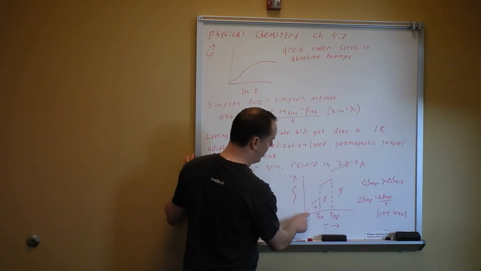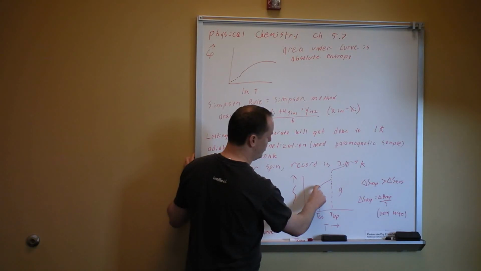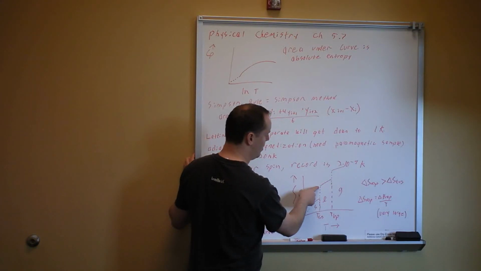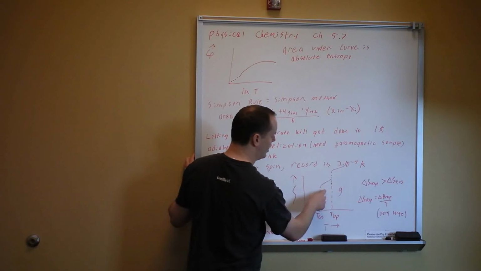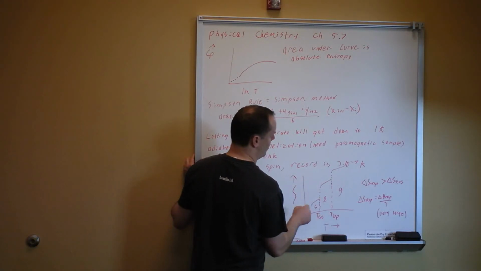So here, we start out with an estimate, we go up to solid, we have the temperature of melting or fusion. So there's an enthalpy of fusion here, that's why there's an increase in entropy here. Then you increase the entropy of the liquid as that heats up. Then you get to T_BP, that's your boiling point, or your temperature of vaporization.